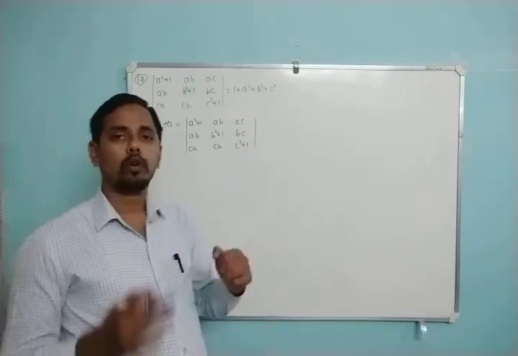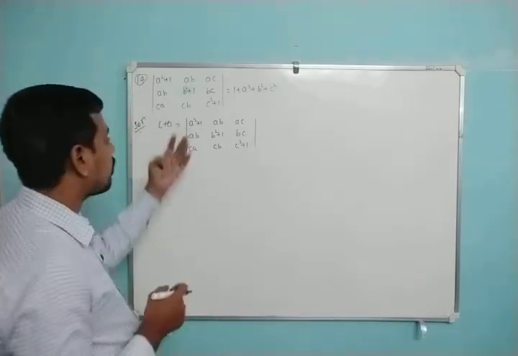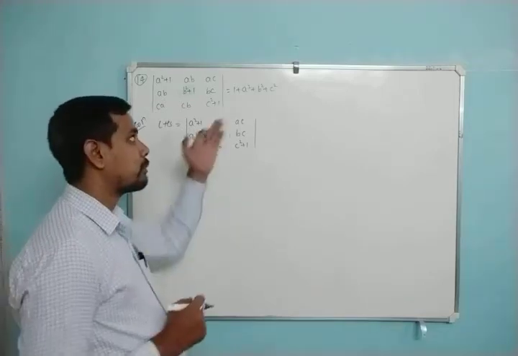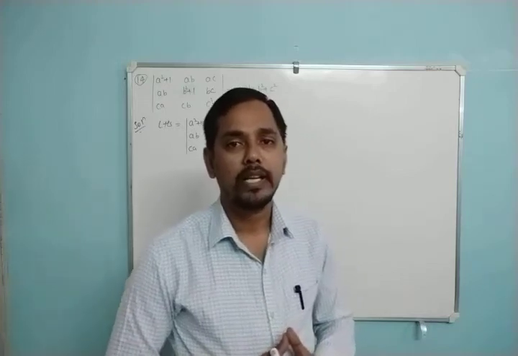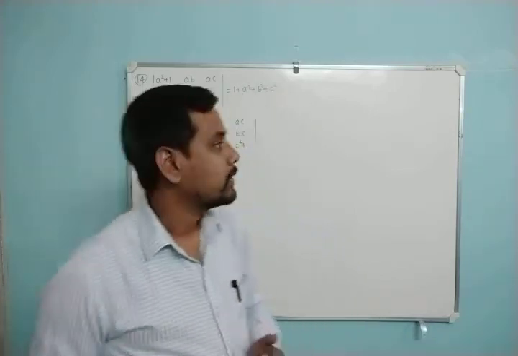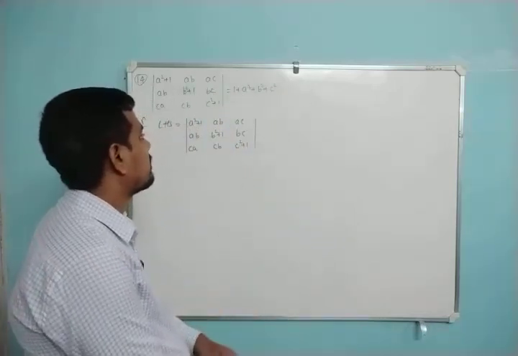Okay, so now what to do with this? We cannot simply add. If we add, we are not going to get 1 plus a square plus b square. So we should do some transformation here so that we will be in a position to get 1 plus a square plus b square here.